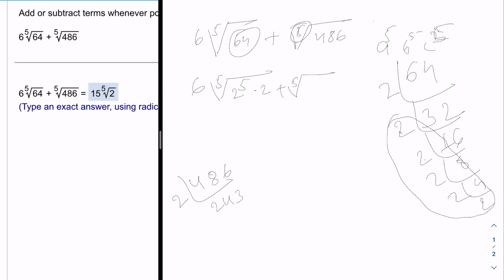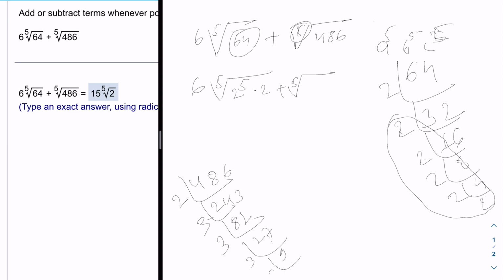Now 243 cannot be divided by 2, so we have to divide by 3. So 3 gives 81. Now 81 can be divided by 3, so we will write 27.